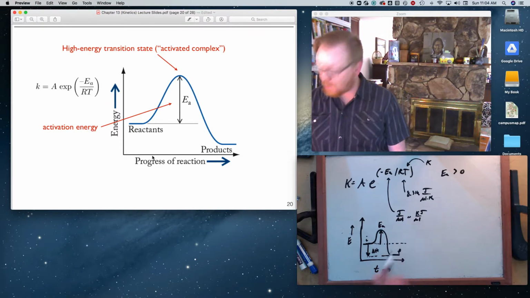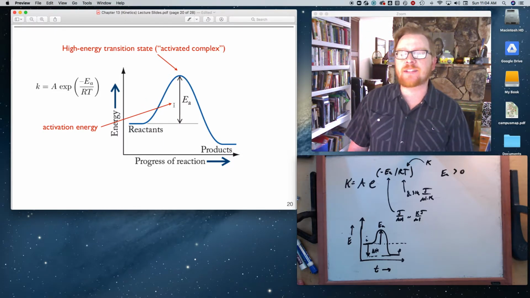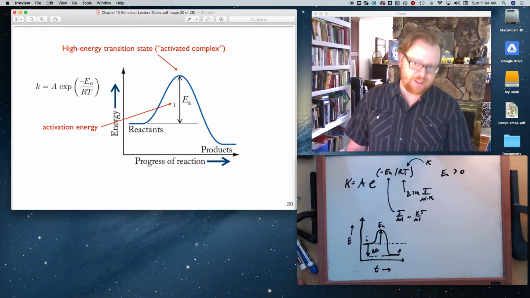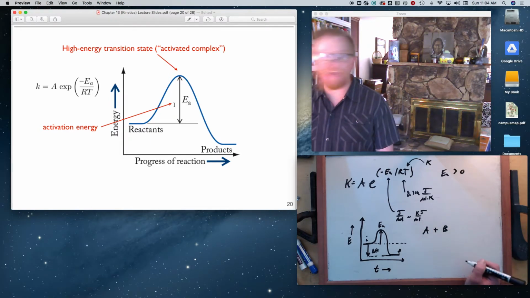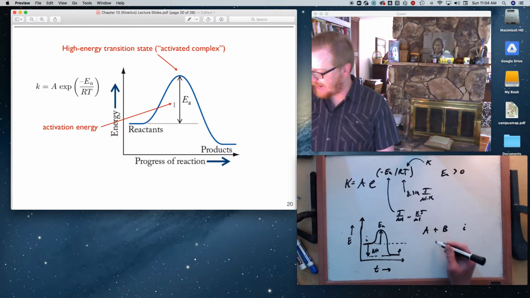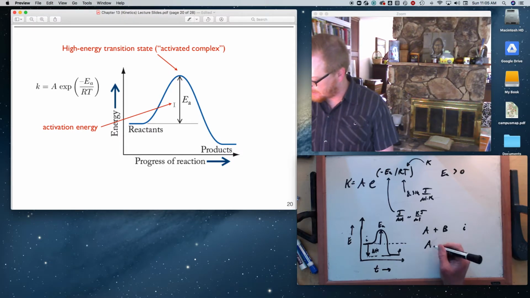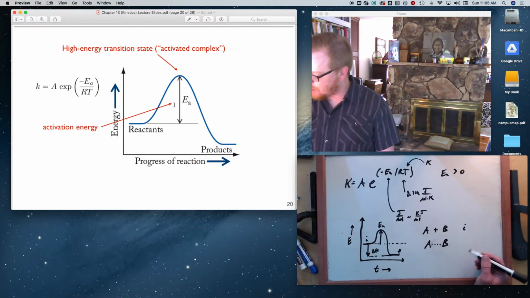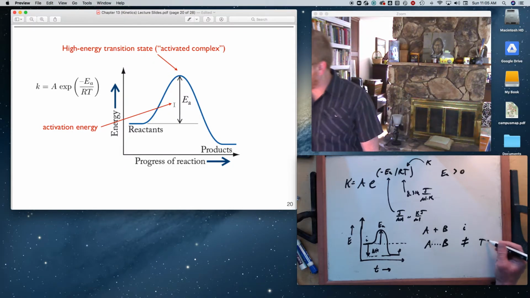Okay? And at this point right here, as indicated on the graph, that's what we call our activated complex or our transition state. So if, for example, we have molecule A and B reacting, and this is my initial state, they go on and react and make some kind of transition state. This would be the transition state that's often given with this double dagger symbol. Okay, that's my transition state.